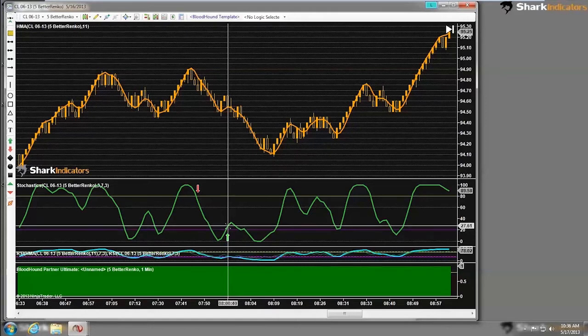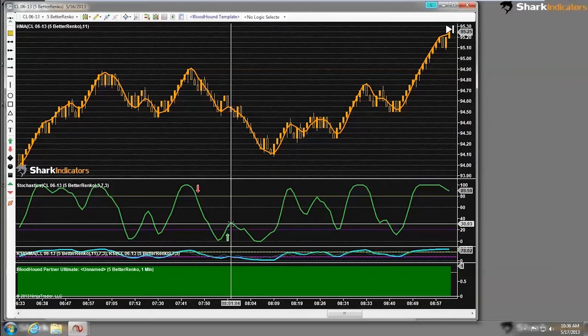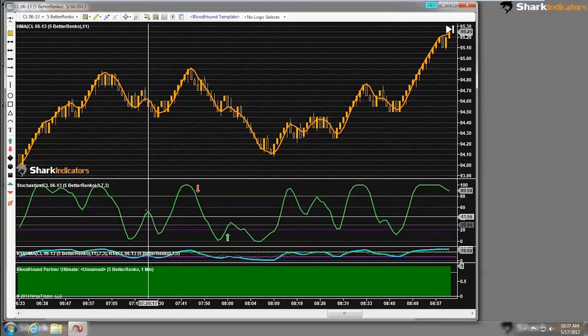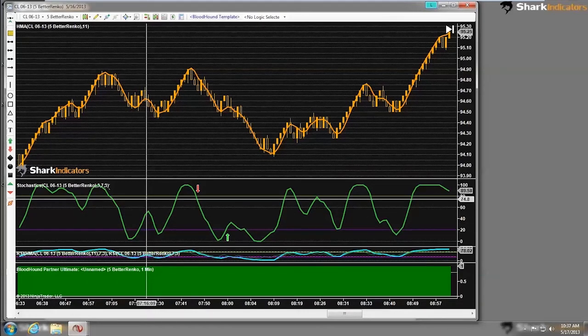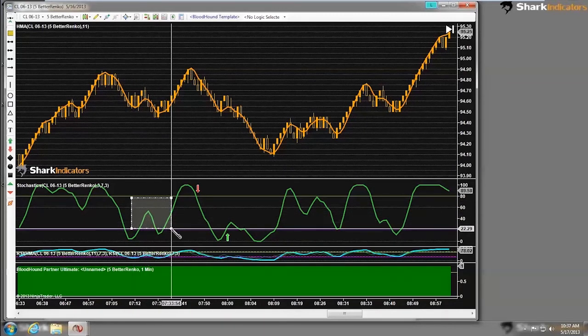However, as you can see, sometimes our indicator, in this case the stochastics, will reverse in this kind of no man's land. Between the 20 and the 80 is this no man's land where nothing is being triggered.